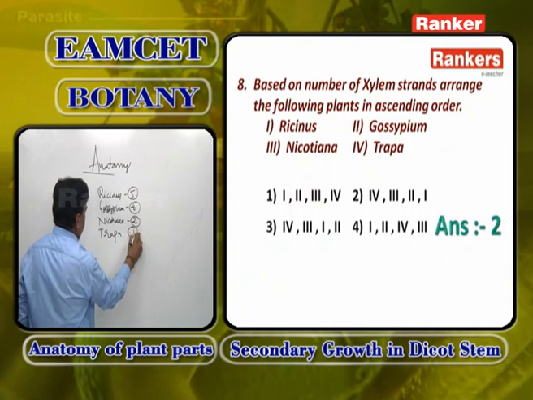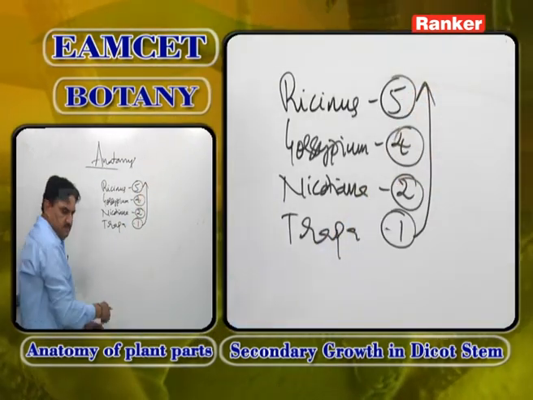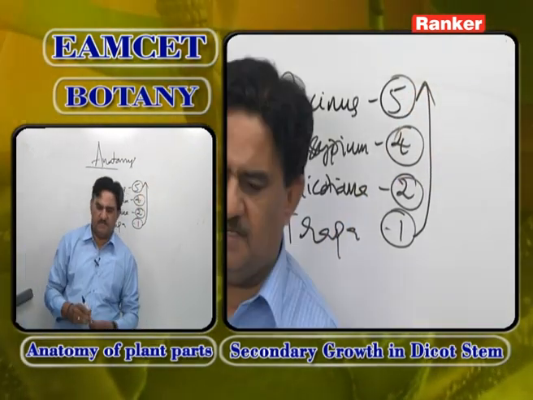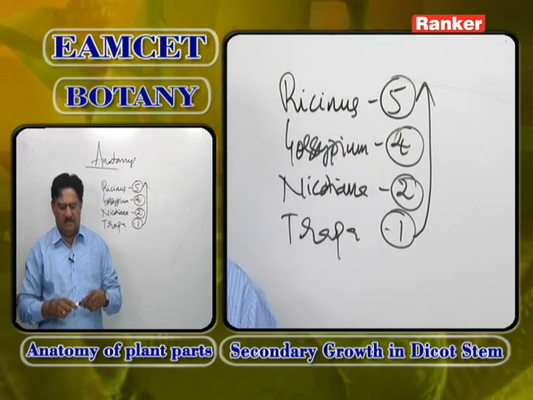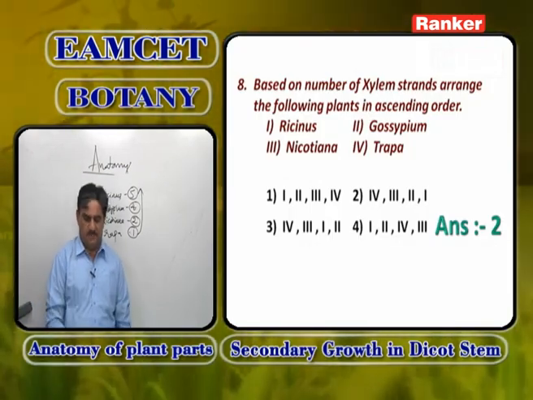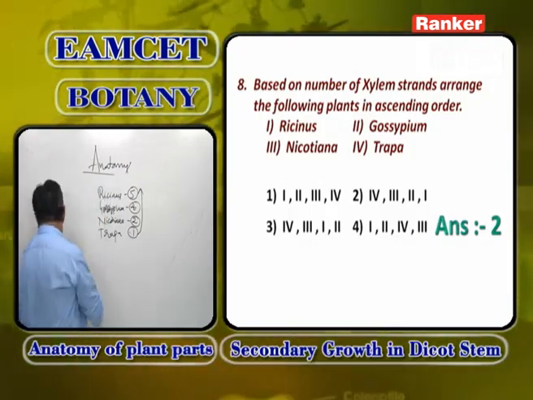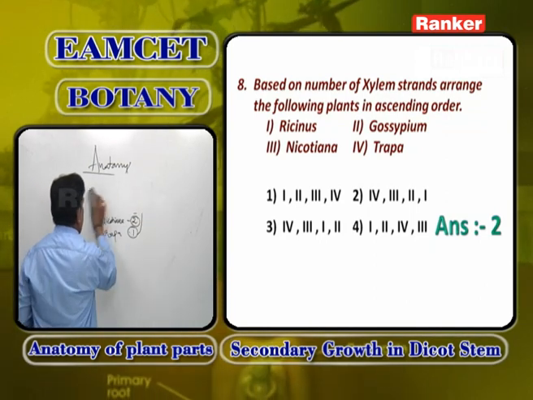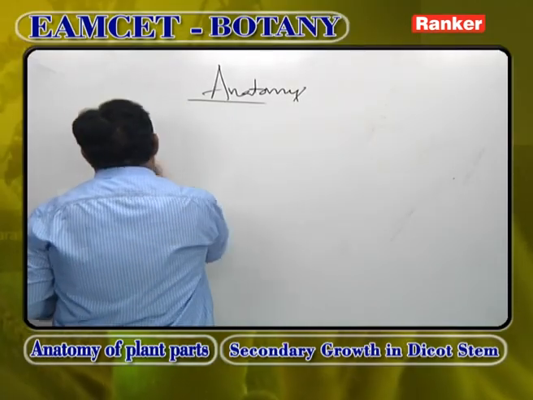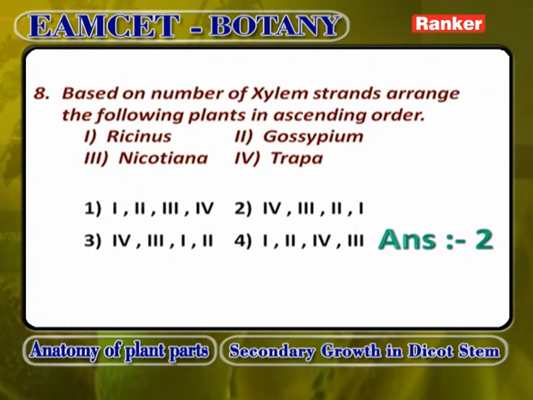So, ascending order means 1, 2, 4, 5. Trapa is 1, Nicotiana is 2, Gossypium is 4, Ricinus is 5. So, the ascending order is Trapa 1, next Nicotiana 2, next Gossypium 4 and last Ricinus 5. So, the answer is 4, 3, 2, 1.